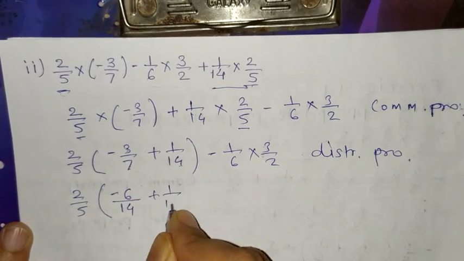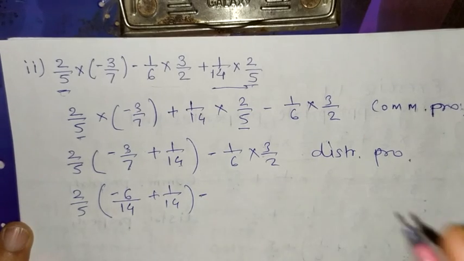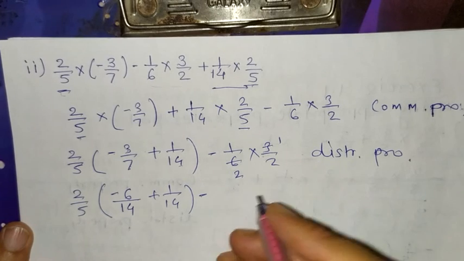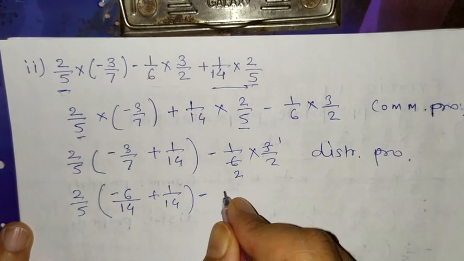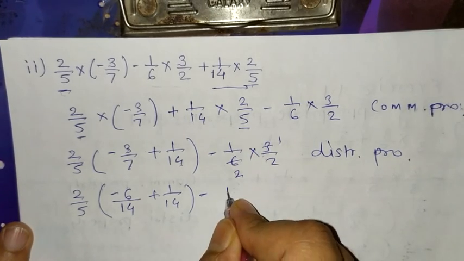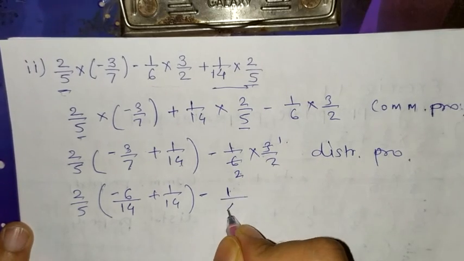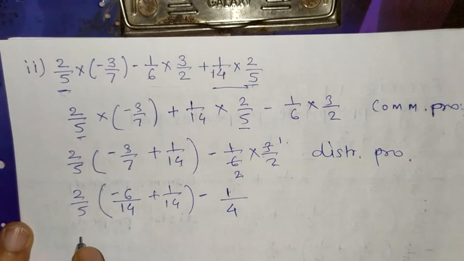Plus 1 by 14 as it is here. Here 3 1s are 1, 3 2s are 6. So you can write minus. Here then only 1 remains. 1 into 1 is 1, 2 into 2 is 4, and here as it is you write.